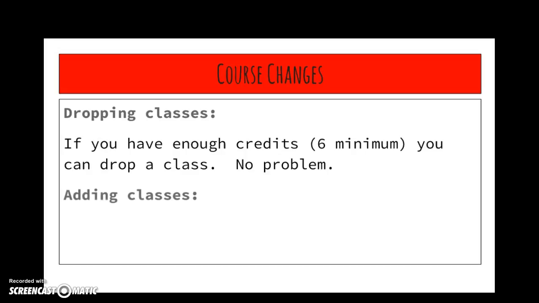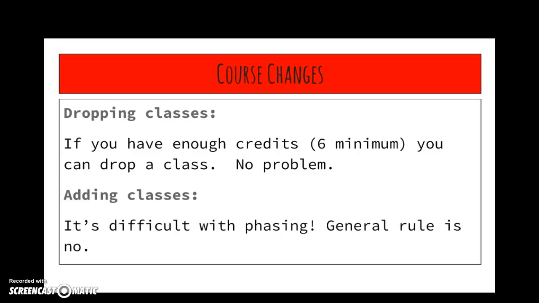If you want to add a class, however, that does become a little more tricky. We don't have a list of courses that are open during certain times because of the phasing of classes. So when you want to add a class, we typically have to check 4 different phases of that class and see how it would fit in on different days. So in general, it's pretty difficult, and the general rule is no. We feel like you've had a lot of time to come down and talk to us about any changes that you want to make for next year's schedule.